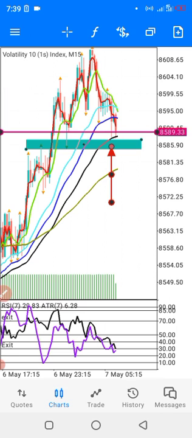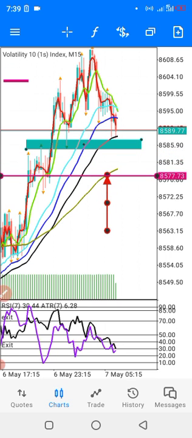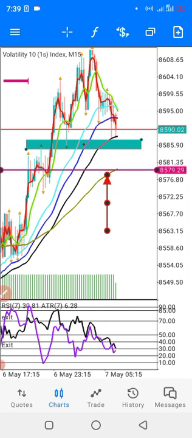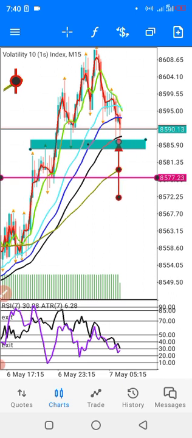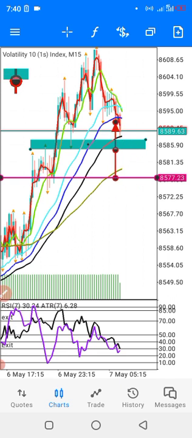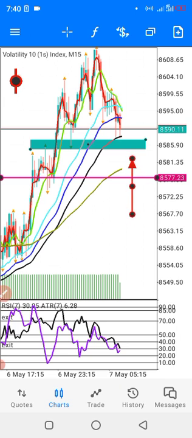It has touched my 50 moving average, and there will be a reaction just as we got this one here. There's going to be another reaction before the selling continues to this level here, where we have this moving average. As you can see, it's going to react to this moving average before the trend continues.